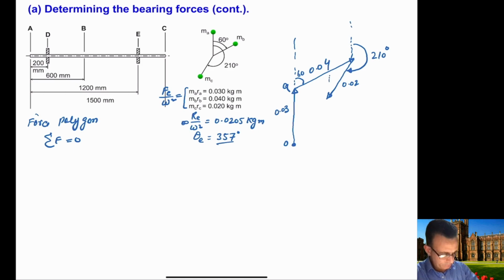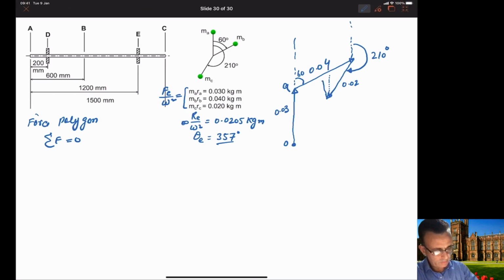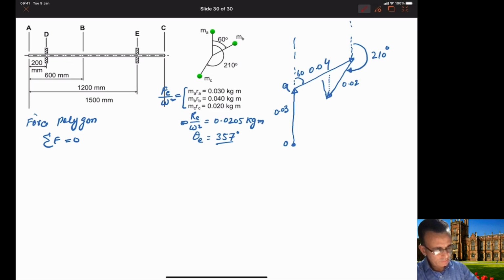So if you draw the vertical, and then you draw this thing here, the angle here is 357 degrees.